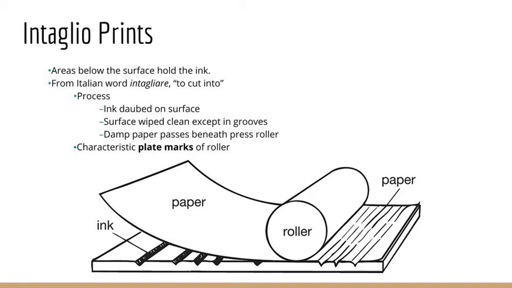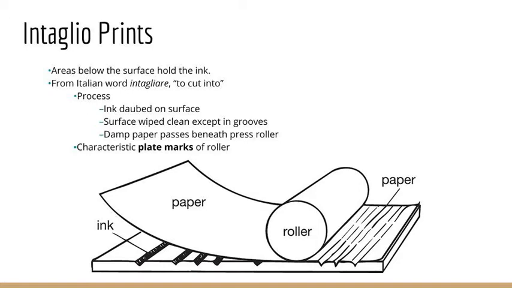And then people use damp paper specifically so that it can take it better, and it's passed beneath a press roller, and that roller pushes it down and makes it able to accept the ink, and the dampness of the paper also makes it more able to accept the ink.